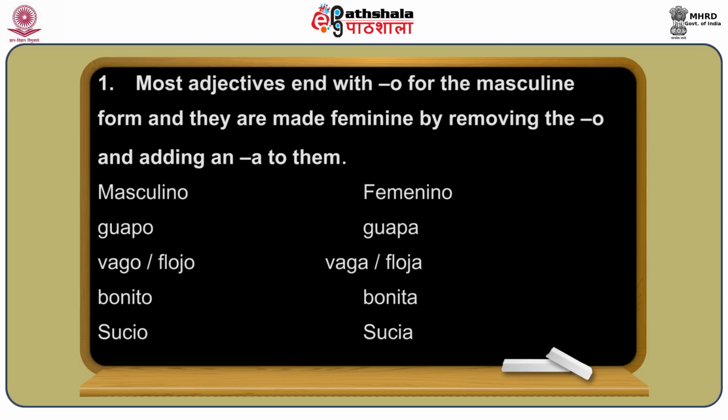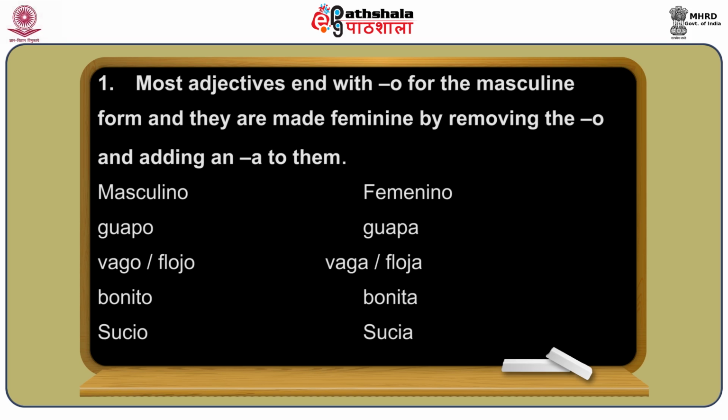Most adjectives in Spanish end with o for the masculine form, and they are made feminine by removing the o and adding an a. For example, guapo means handsome, which ends with o. For feminine, we remove the o and it becomes guapa, meaning pretty. In the same way, vago or flojo means lazy in masculine, and in order to use this adjective for a feminine noun, we remove the o and it becomes vaga or floja.